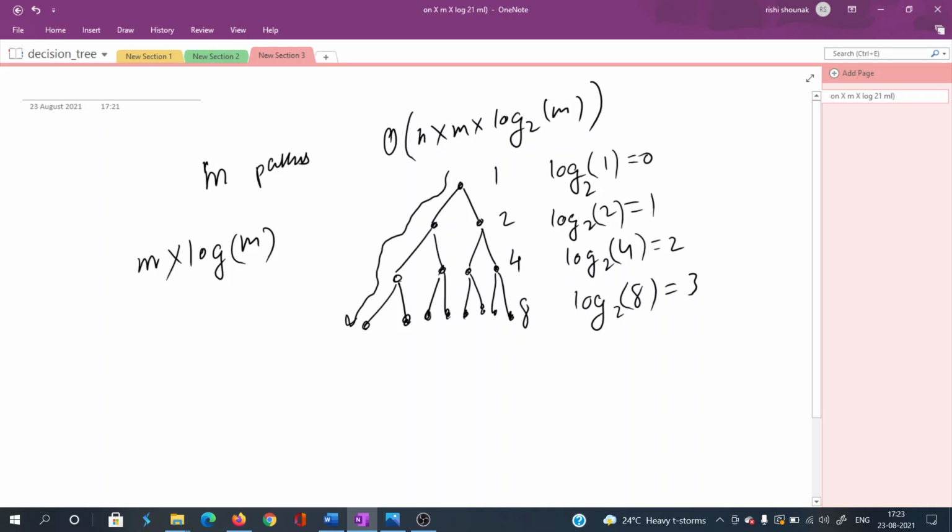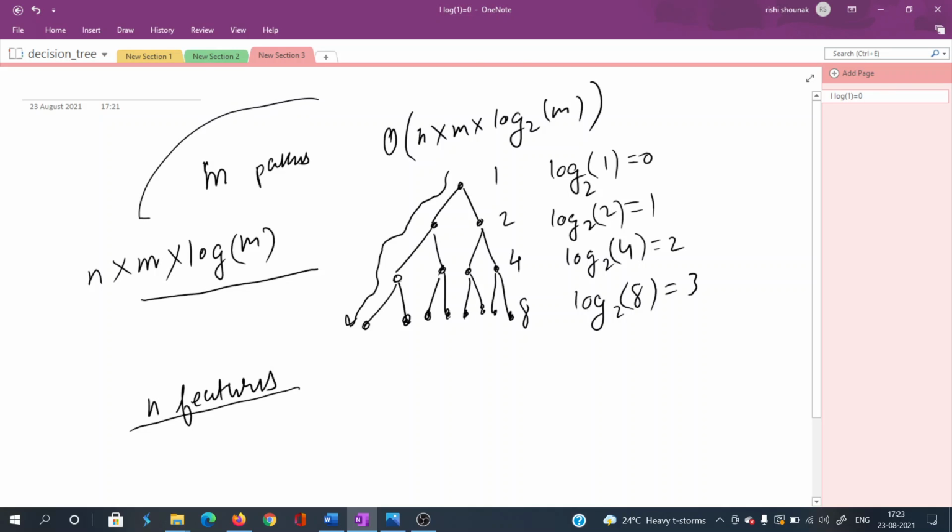And then since we are taking n features, for each feature we are doing this, so we multiply it by n. So that is how we arrive at this expression.